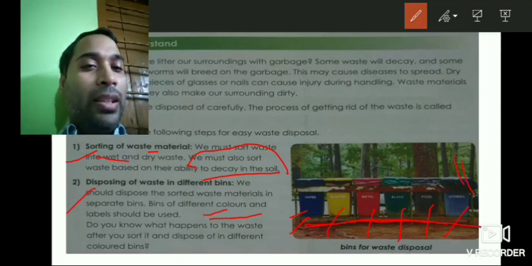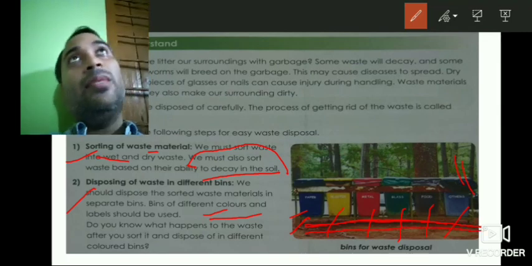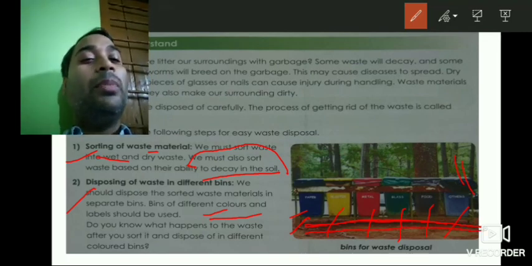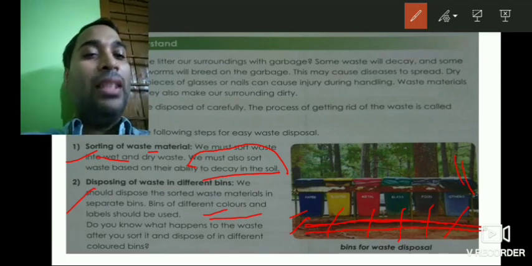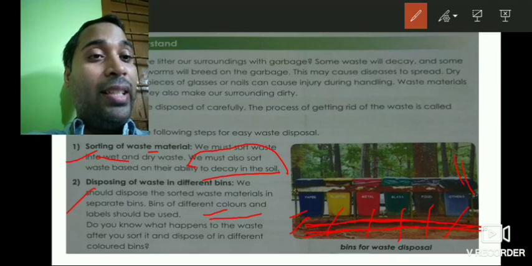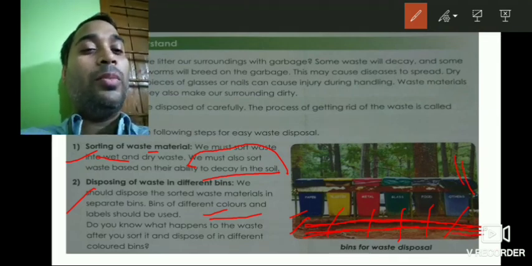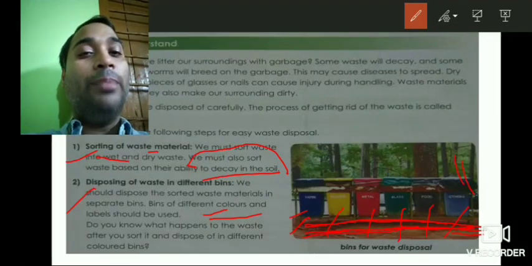But here it has been segregated using more bins so that it becomes easier to recycle and reuse depending upon the type of materials. So here the segregation is done very nicely, since various dustbins, or bins, waste bins, sorry, are used.